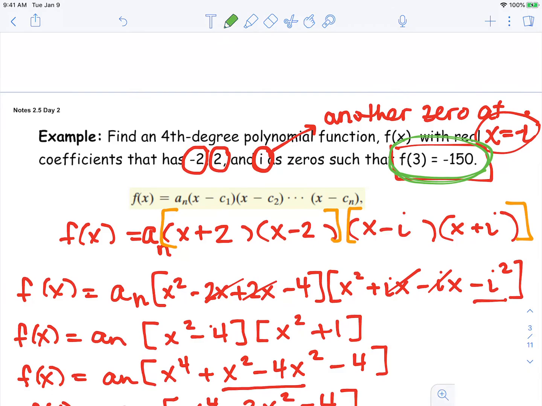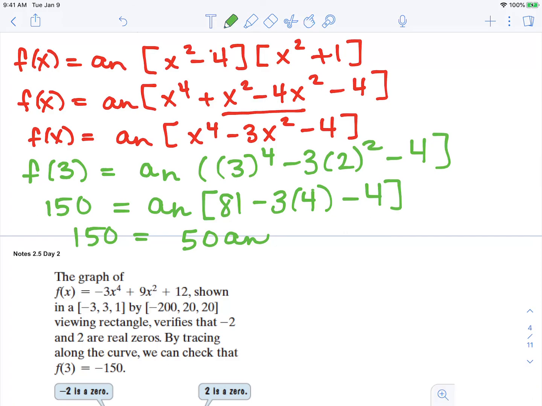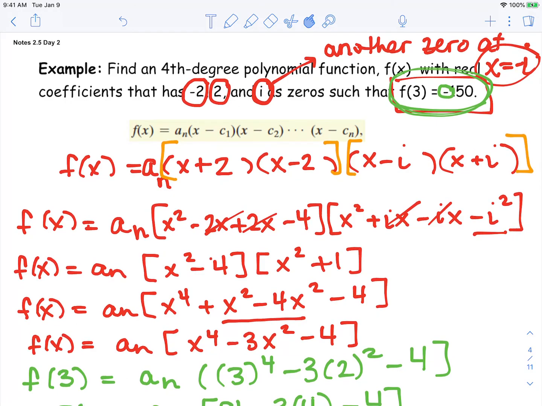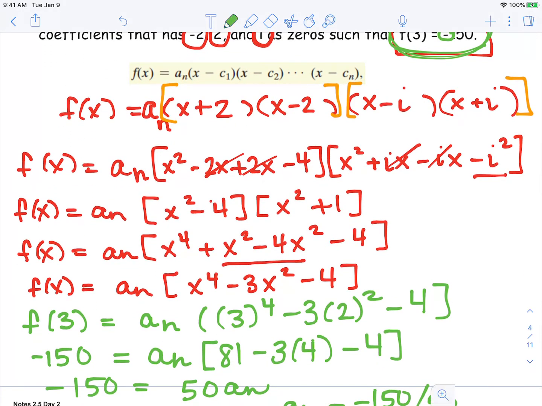One thing I just noticed here, this is a negative. So this should be a negative and a negative. Now we solve this for a sub n. a sub n equals negative 150 over 50. So that leading coefficient is negative 3. So now, if we go up to the top, right here, that's what we're looking for, that a sub n.